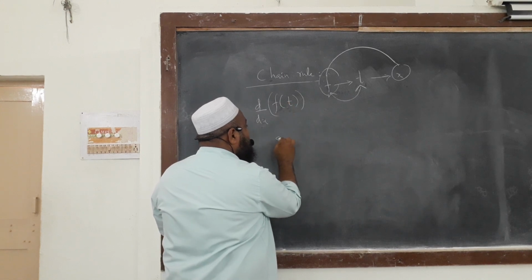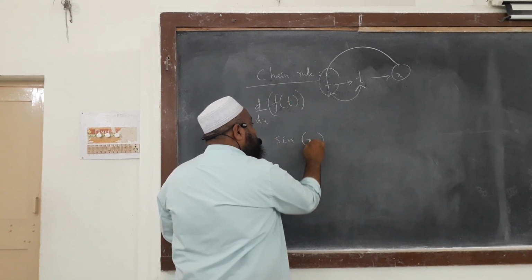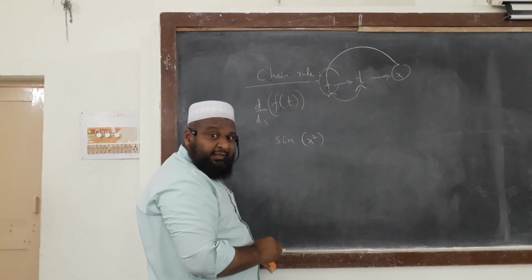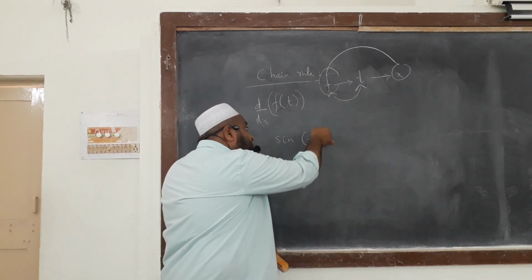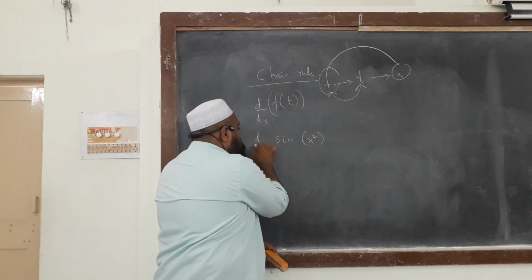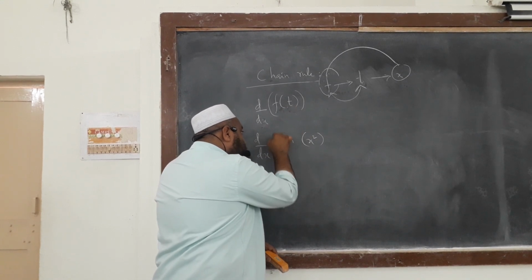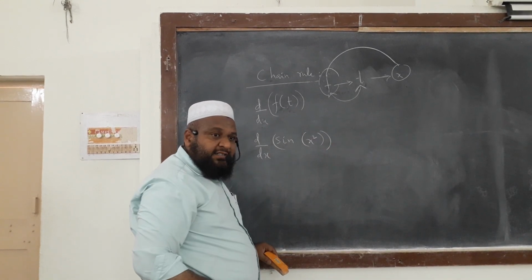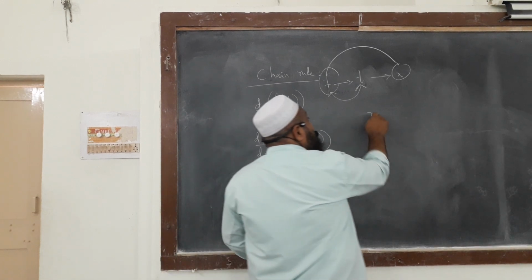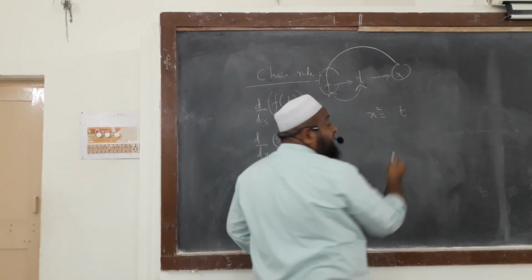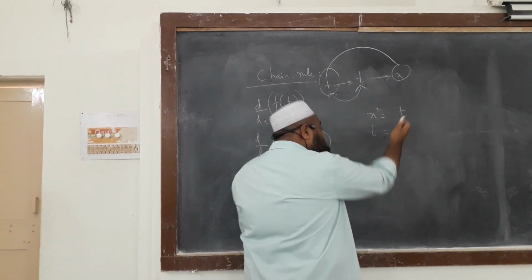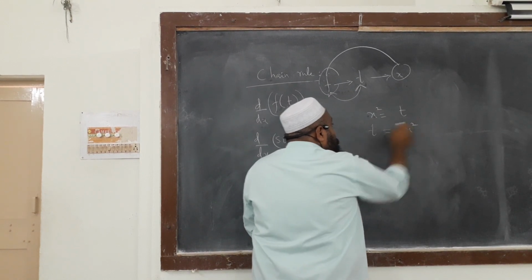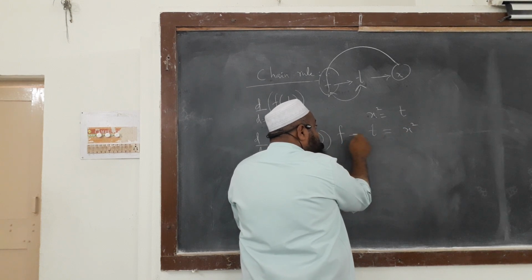So if this is understood, then I'll give an example. I have sine of x square. Then carefully understand, it's so simple. I want to differentiate this x square with respect to x. Then take this x square as t. Means t is equal to x square. Now f is depending on t.